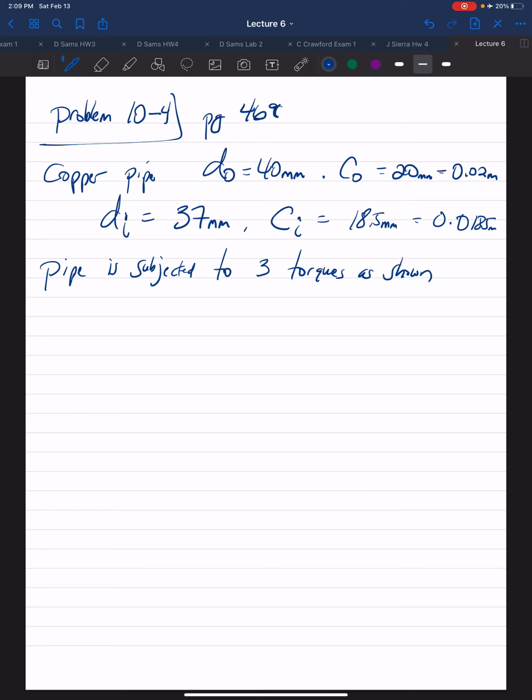And they want to know the maximum shear stress. So to use our torsion formulas, we have to know the internal torque here, and the maximum shear stress will correspond to the maximum internal torque experienced by this shaft.